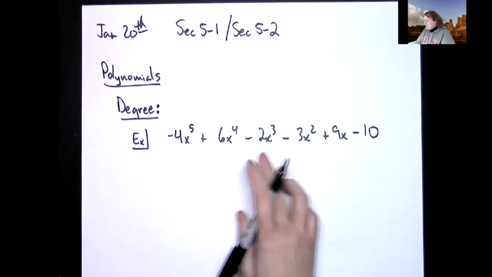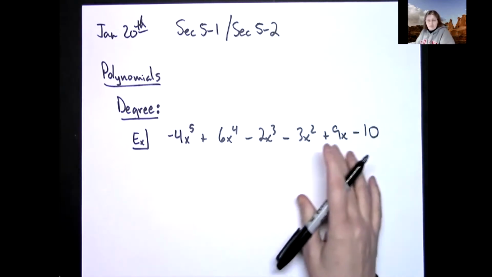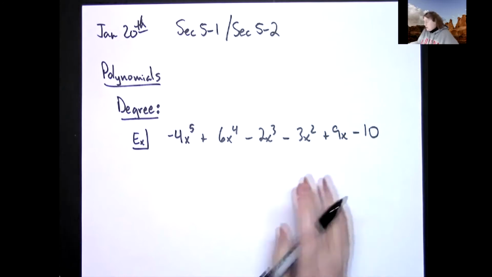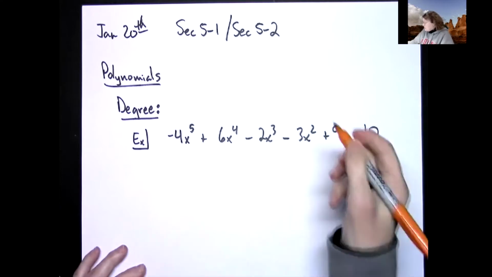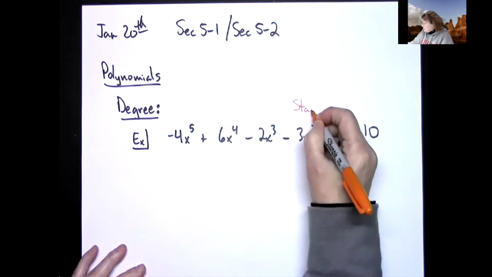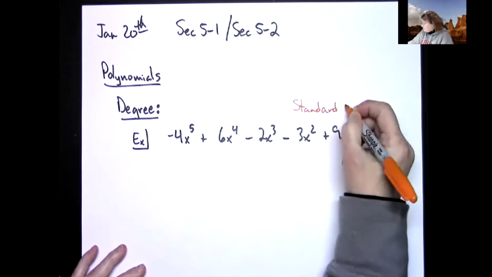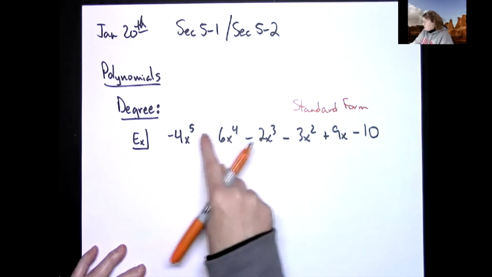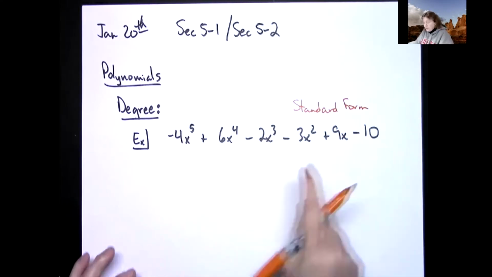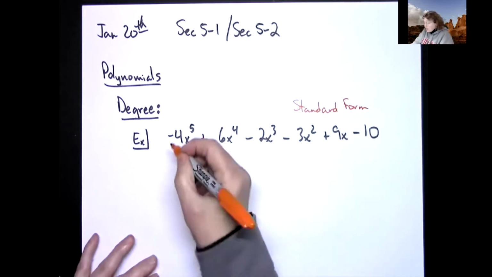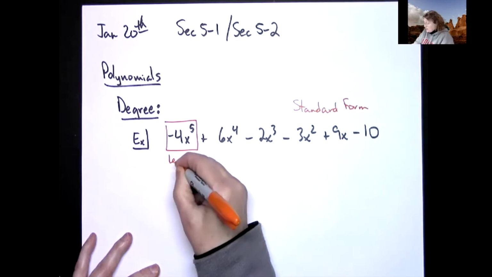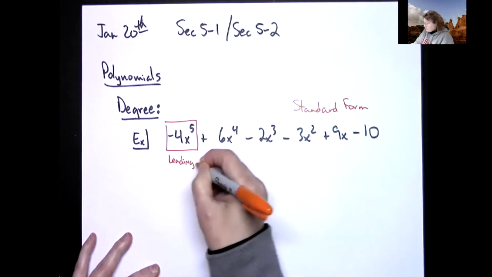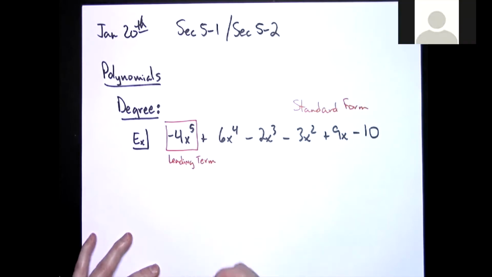This is in a single variable. This is what you would have done in an Algebra 1 class in high school, or possibly even in Algebra 2. This is what standard form looks like. It's standard form because the exponents are in decreasing order. If it's in standard form, then I can look at the very first term, and that is called my leading term. A little bit more vocab right there.